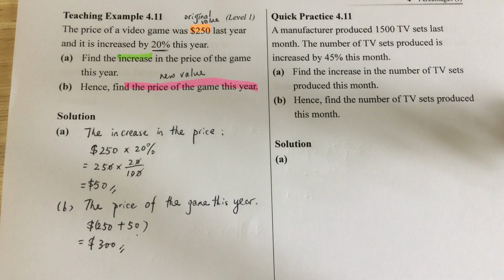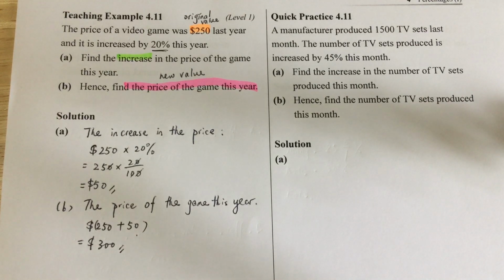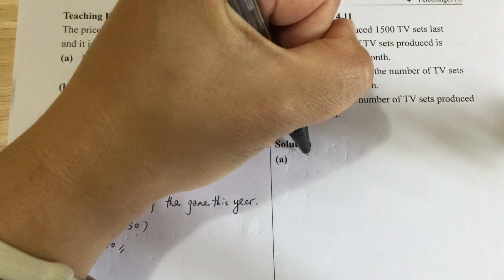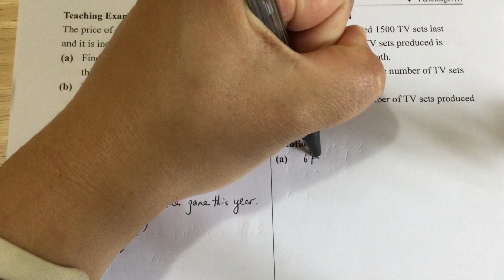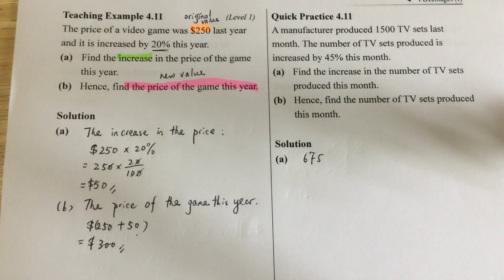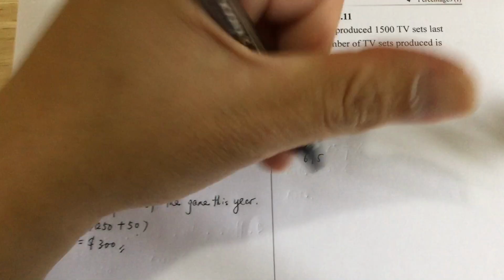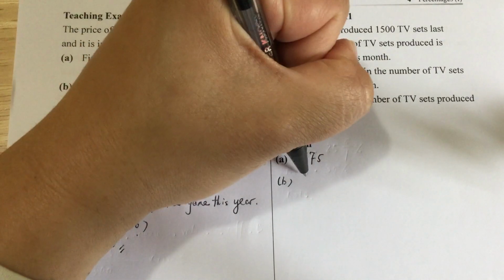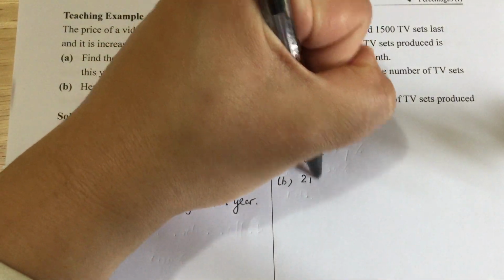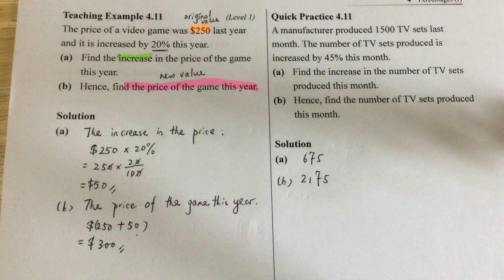Please pay attention. Once again, pause the video if you cannot finish. For part A, the answer is 675 sets. For part B, you can add them together, so you have 2,175 TV sets for part B. So make sure that you know how to do these questions. I will go to teaching example 4.12 soon. Make sure that you know what I'm doing now.